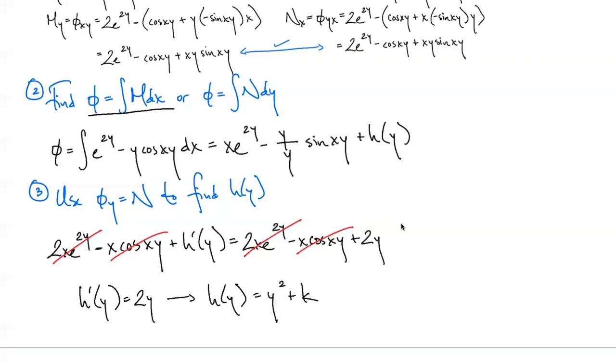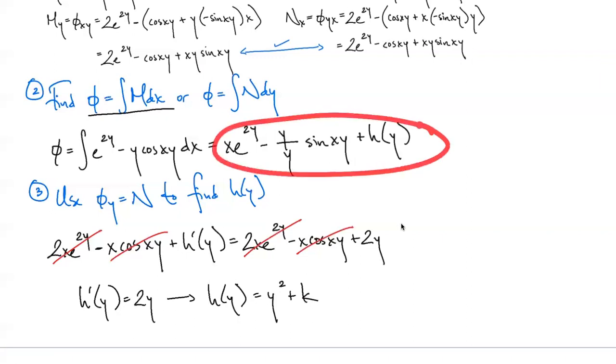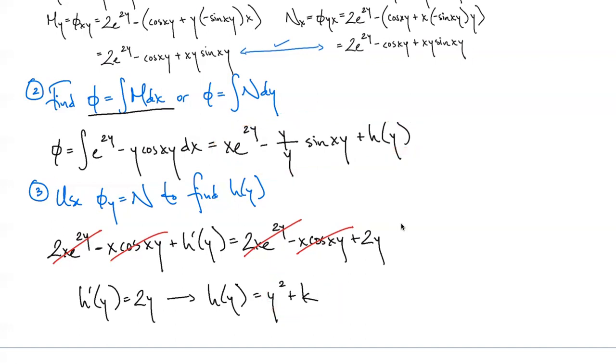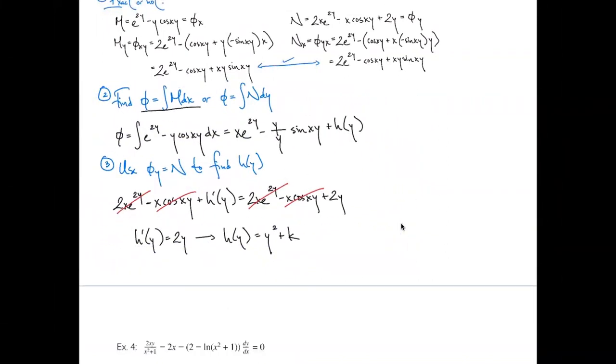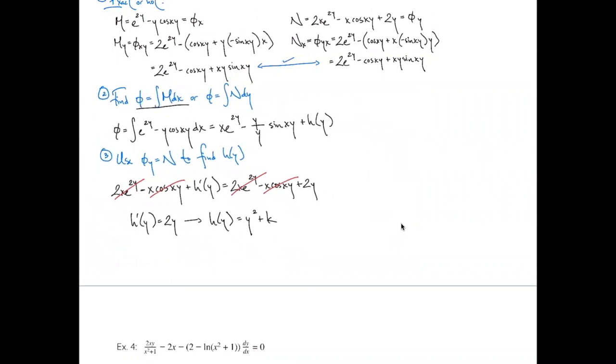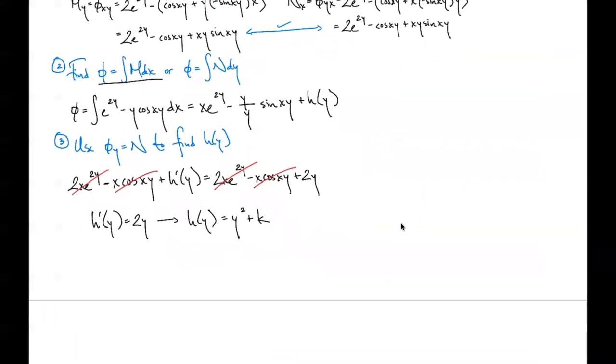And then our last step is we're going to go back to what we found, except everywhere we see the h of y, we're going to put y squared plus k. And so let me go ahead and squeeze step 4 in here. Maybe we need to shrink this just a little bit. Perfect. All right.